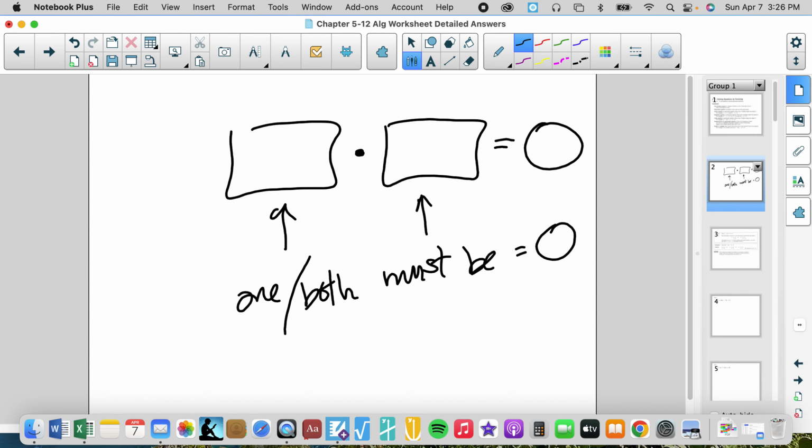So this one has to have a zero, or this box has to have a zero, in order for a product to equal zero. That's no other number. That's why we set it equal to zero. We always set our equations equal to zero. You saw that later on in chapter 7, but this is where it first gets introduced.